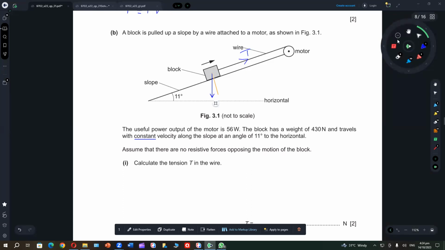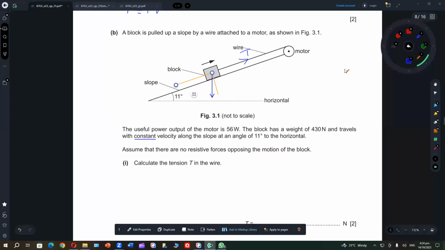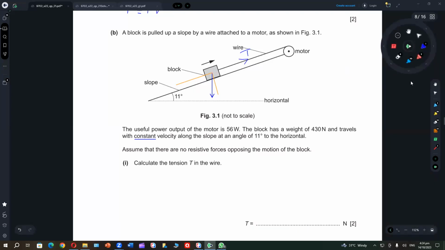It'll be 430 sine 11, which will be 82 Newton. So you got it that way. The main thing is the resolution. So if I resolve it, I will get the angle 11 here. Now I have resolved the forces.